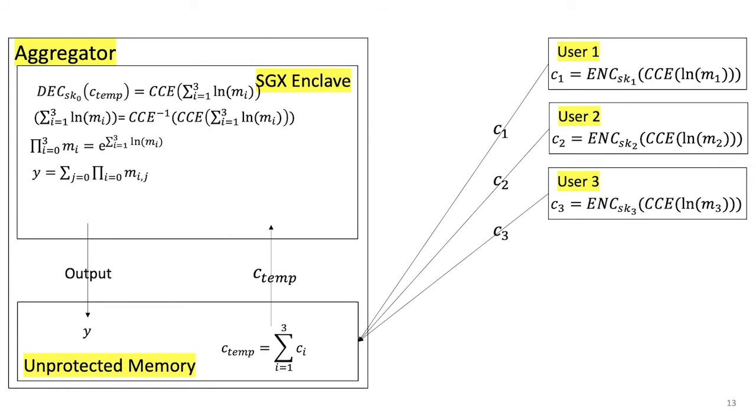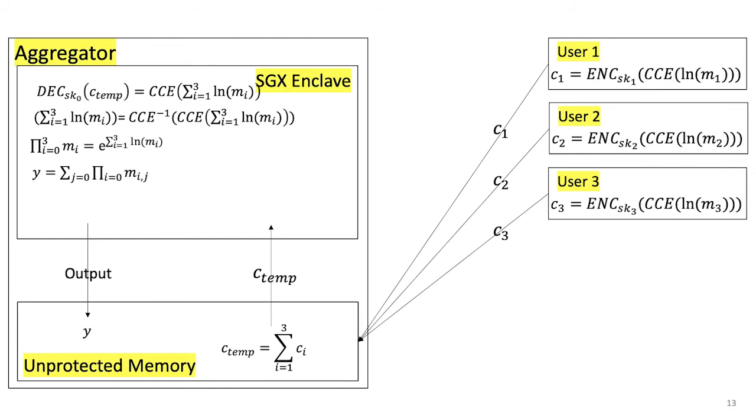Once this is done, they send their ciphertexts to the aggregator, who first computes the sum of the ciphertexts outside of the Intel SGX. They then send this temporary value into the enclave, which can be decrypted using the aggregator's secret key.